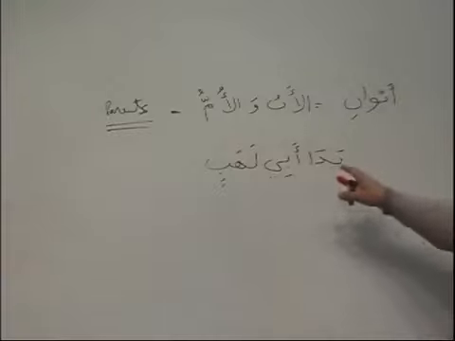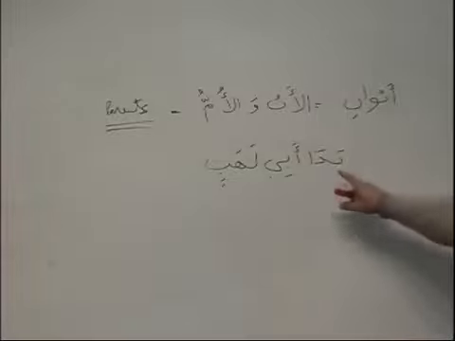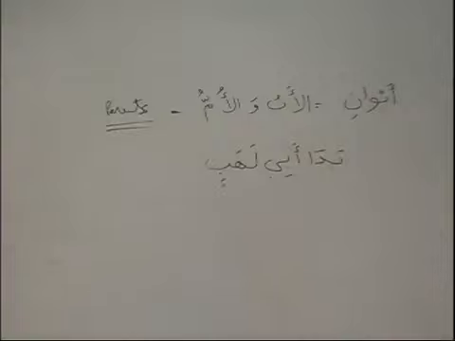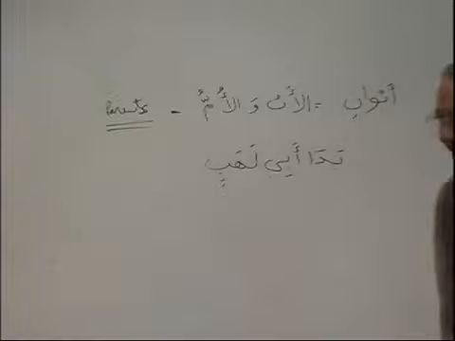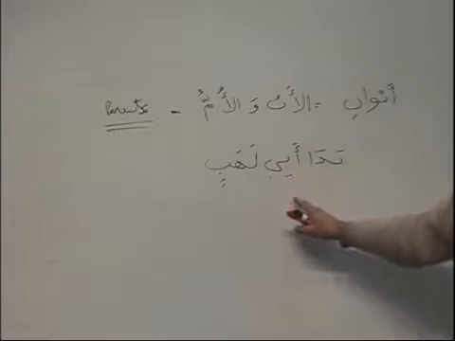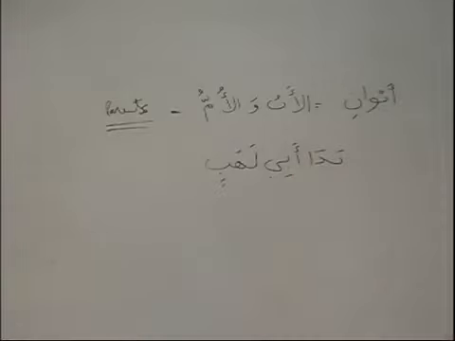Wa alamatu raf'ihi al-alifu. Li'annahu muthanna. Wa huwa mudaf. And what is Abi? Mudaf ilayhi majrurun. Wa alamatu jarrihi al-ya. Why? Because it is from the five nouns. Remember, this ya is because Abi is now coming as a mudaf. Remember? Are you with me?